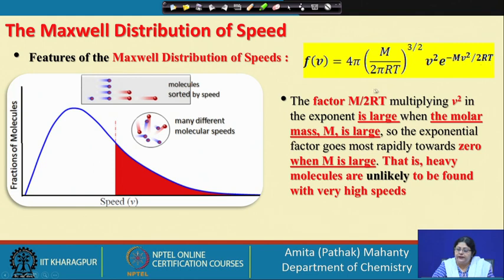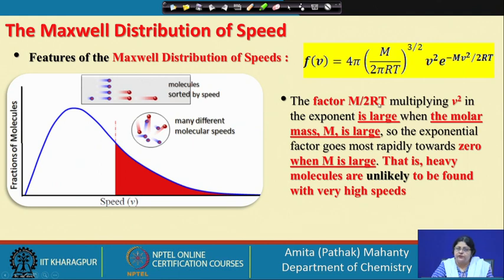Okay. So, the factor m by 2 RT multiplying V square in the exponent is large when the molar mass is large. For a fixed value of V, I have a factor, I am multiplying that velocity by another factor. This factor is dependent on the mass because it is capital M by 2 RT.